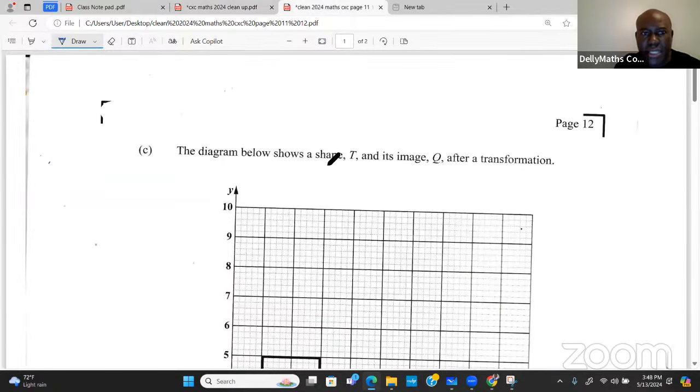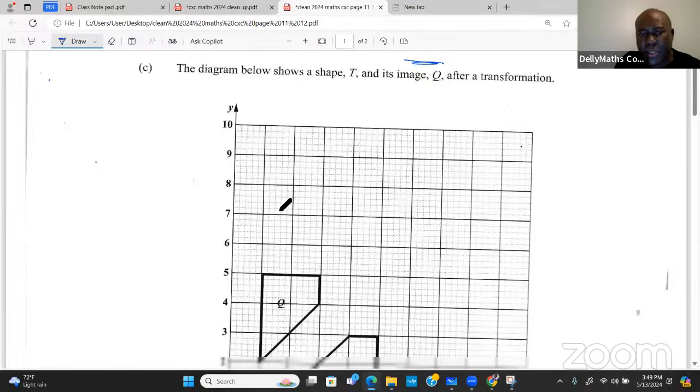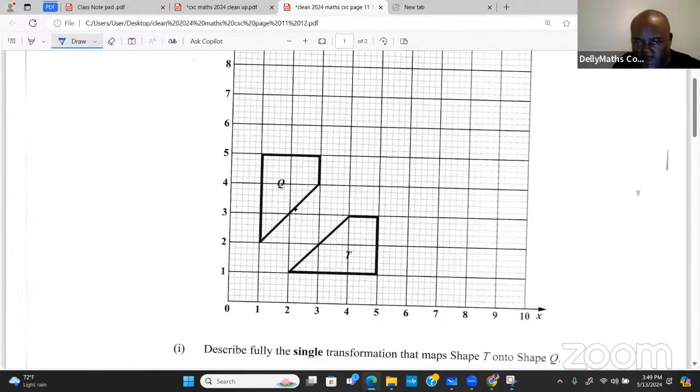All right, let's go to the next question. It says here that the diagram below shows a shape T and Q after transformation. So the image is Q and the original shape is T. This is our object right here, and this is its image over here.